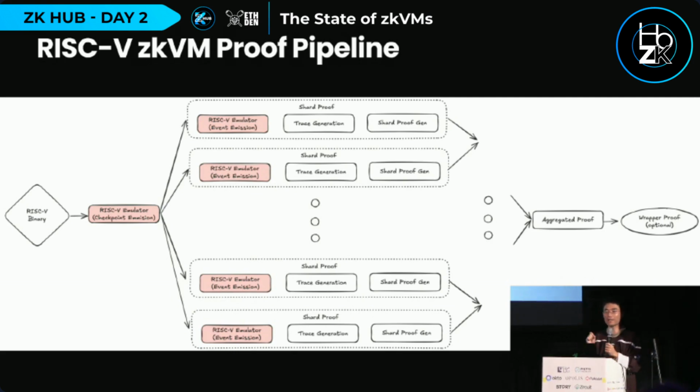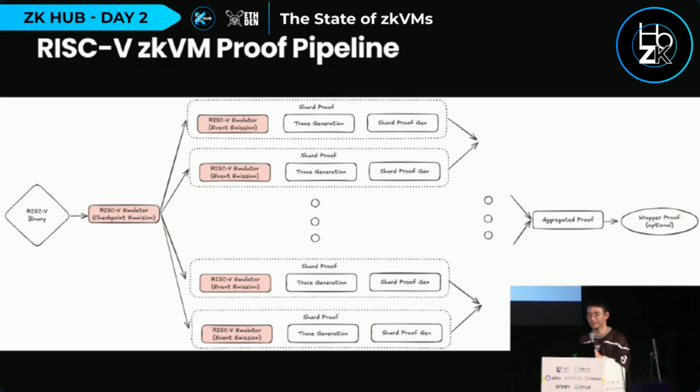However, it's not that straightforward because the darker area, the colored area, the RISC-V emulator is a serial process that's running on a single CPU core. There's no way to parallelize it. Like out of the 4 minutes of the proving time, probably you spend 1 minute or 2 on this serial process.